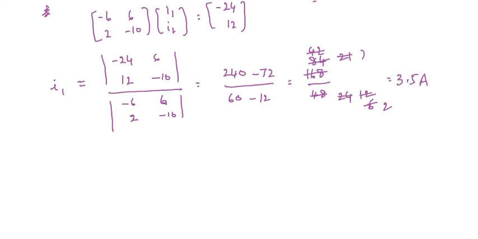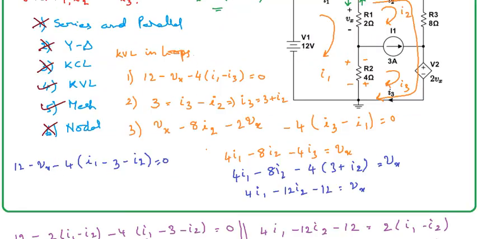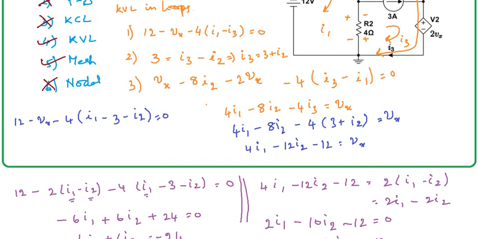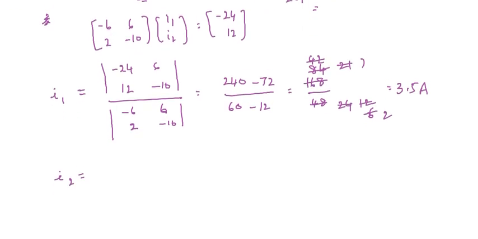Similarly, let me find the second one also, I2. So the question is I1, I2 and I3 also. So let me see I3 also. So what is I3? Yeah, this part is I3. So it is 3 plus I2. Okay, first we will see what I2 is.